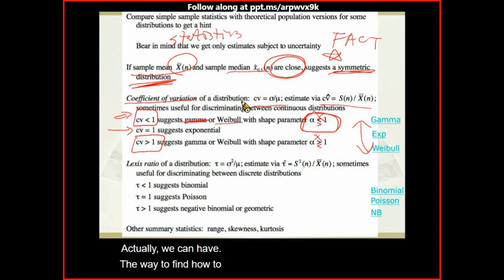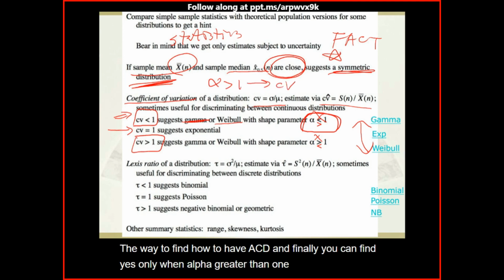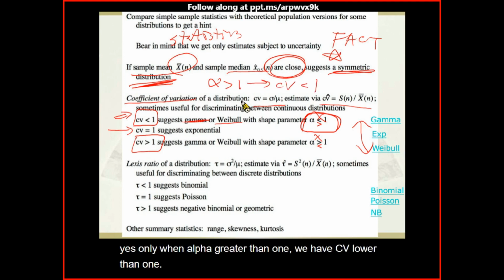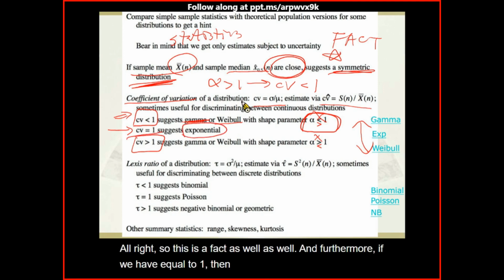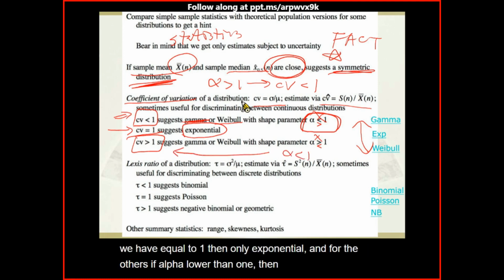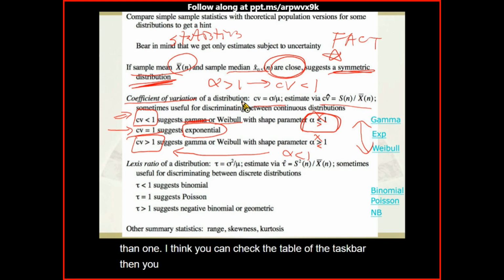And finally, you can find that only when alpha greater than 1, we have CV lower than 1. This is a fact as well. Furthermore, if CV equals 1, then only exponential. And for the others, if alpha lower than 1, then we have CV greater than 1. I think you can check the table of the textbook, then you can understand this. This is CV, coefficient of variation.